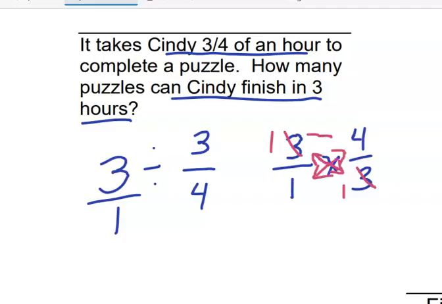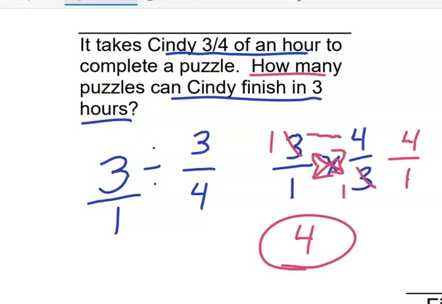Okay, so 1 times 4 is 4. 1 times 1 is 1. So it's 4 over 1, or the answer is simply 4. So how many puzzles can Cindy finish in 3 hours? It would be 4 puzzles. 4 puzzles in 3 hours.